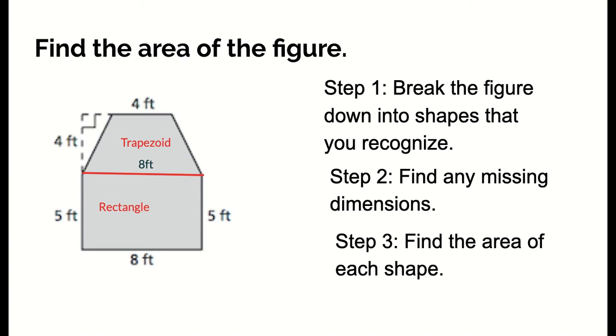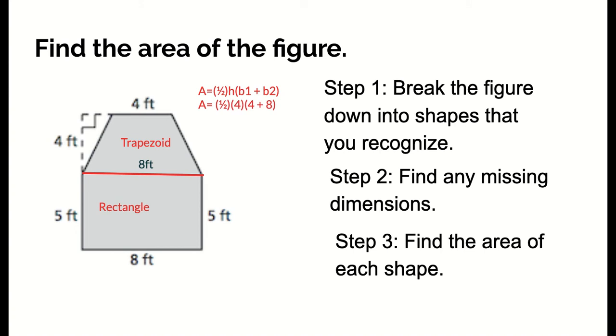Next step, find the area of each shape. So to find the area of a trapezoid, you do 1/2 times the height times the quantity base 1 plus base 2. This formula is found right on your formula sheet. Next, I plug in the dimensions to my formula.